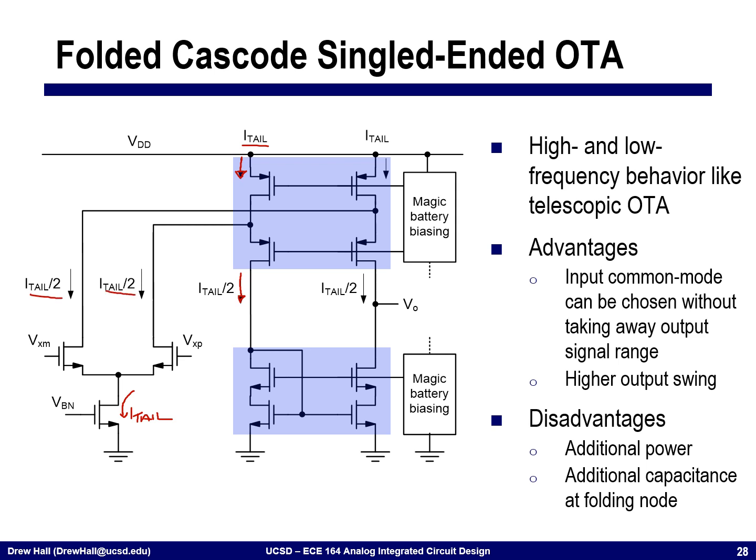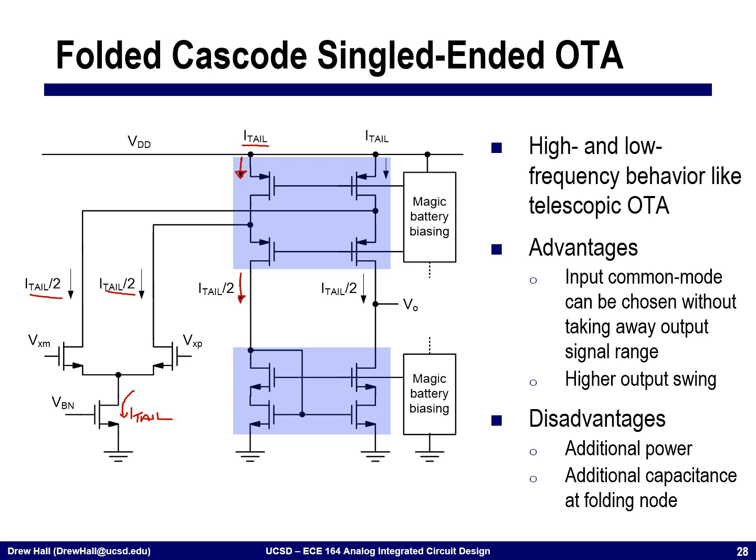which means that I have I tail over 2 running through each of these branches. Okay, and so this is a nice structure that alleviates some of the output, in particular common mode range problems of the previous circuit that I didn't quite have as much swing. This helps a lot with the input common mode range. And so this circuit is actually a very popular circuit and widely used in a lot of amplifiers.